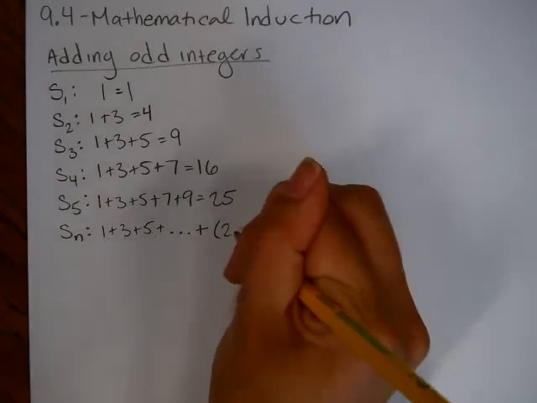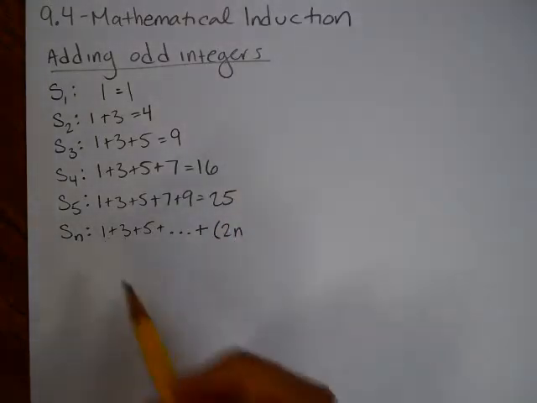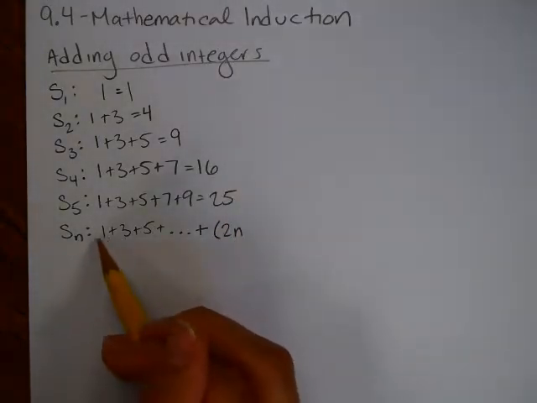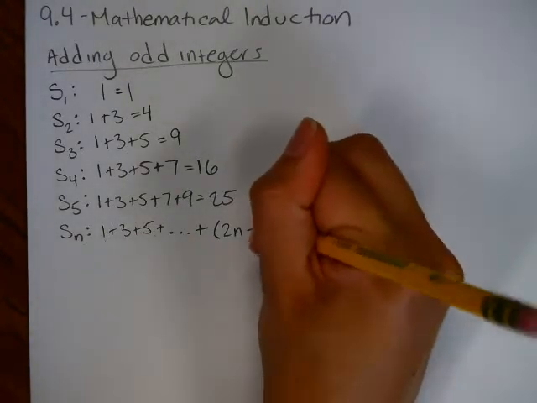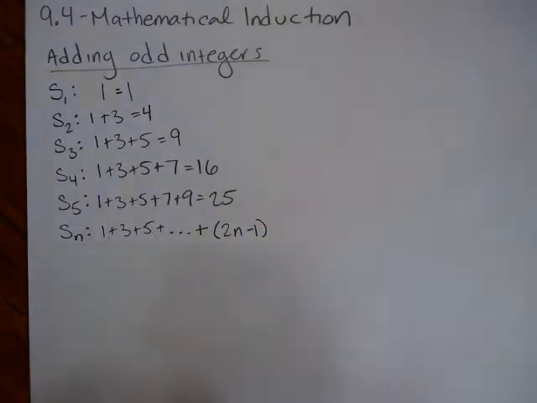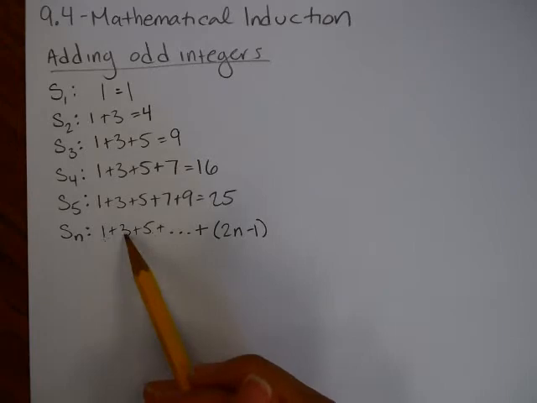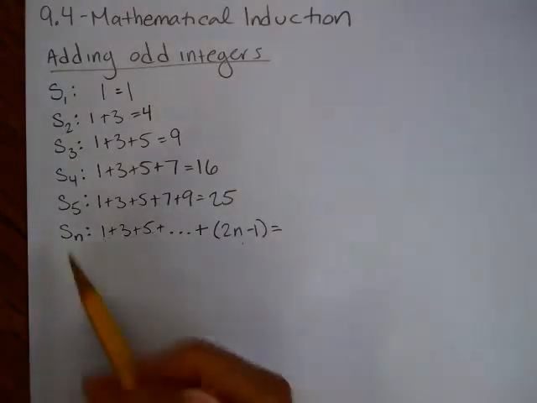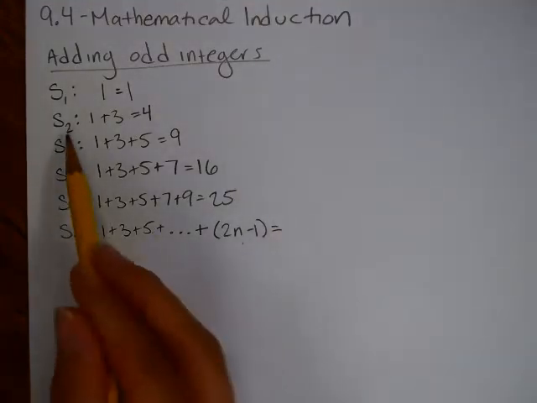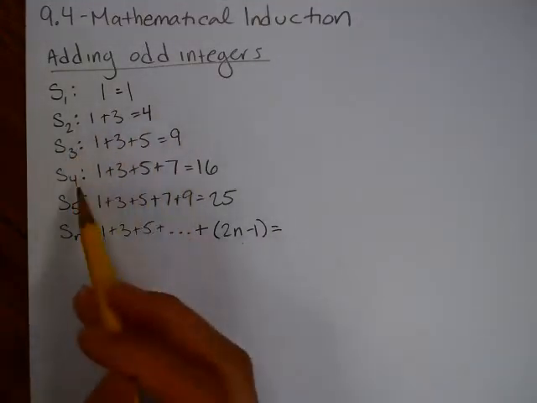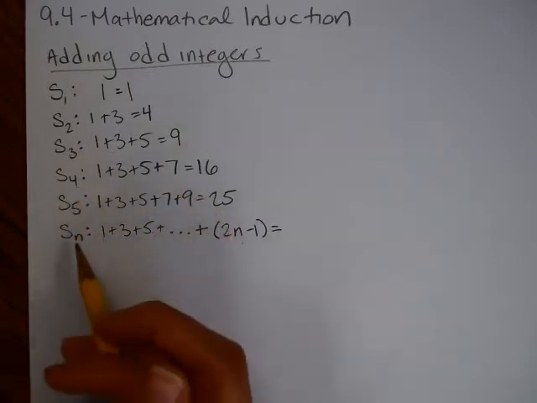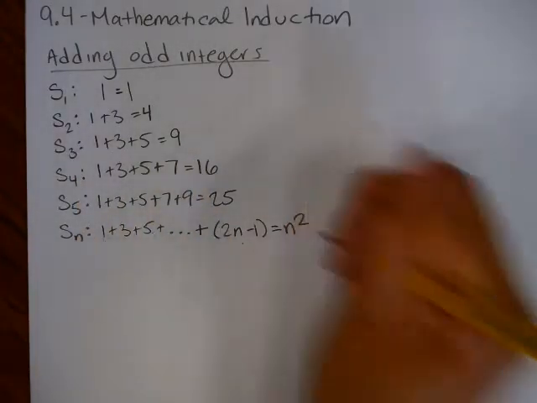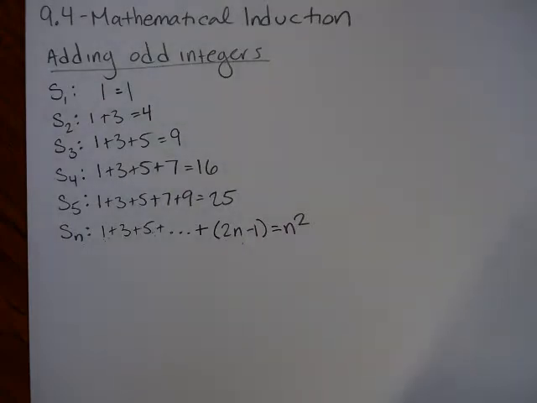So that would be 2n, and then the term right before 1, the 0 term, negative 1. So this is our first term, our second term, our third term, all the way up to the nth term. And based on these numbers here, 1, 1; 2, 4; 3, 9; 4, 16; 5, 25; n, it looks like the pattern says this would equal n squared.